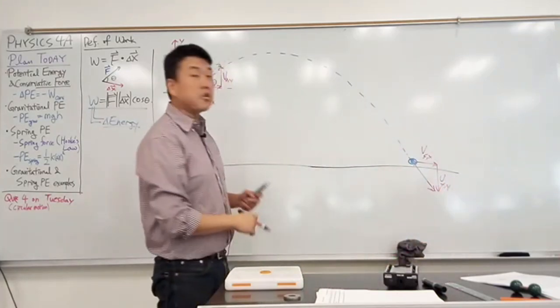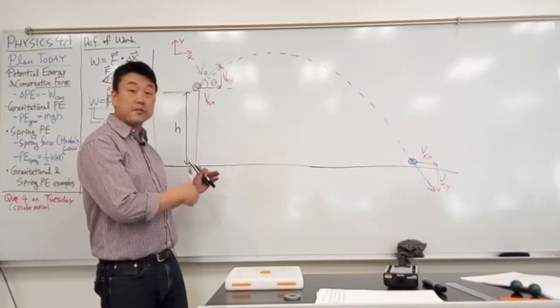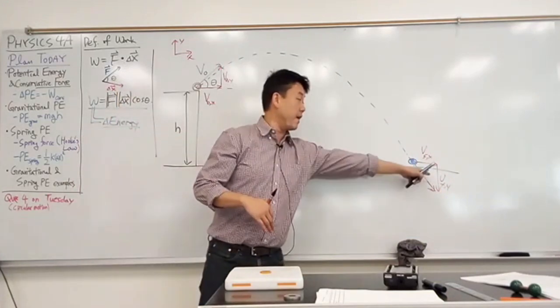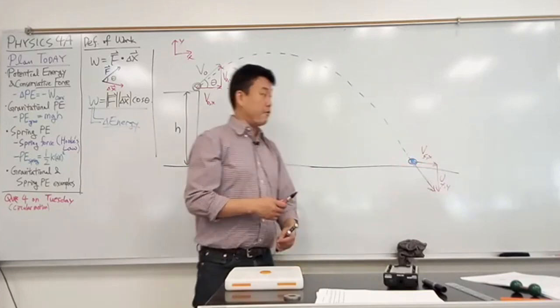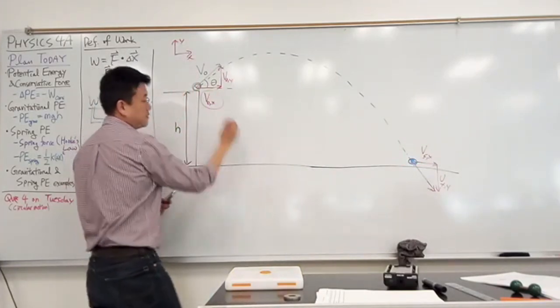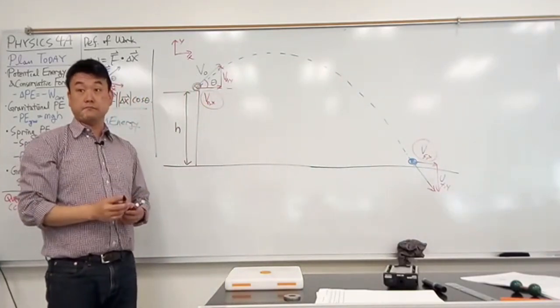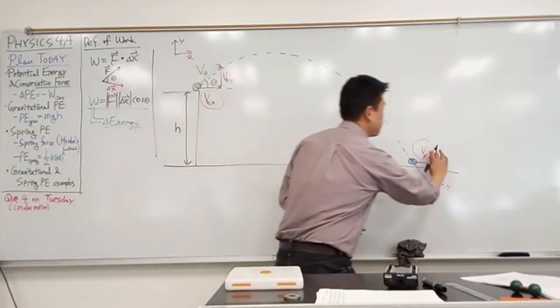The reason I don't want to find the time and all this stuff is that the question is not asking about the range. It's only asking about the speed. So I want to relate this directly to this. How are they related? They're the same. That's one of the properties of projectile motion.